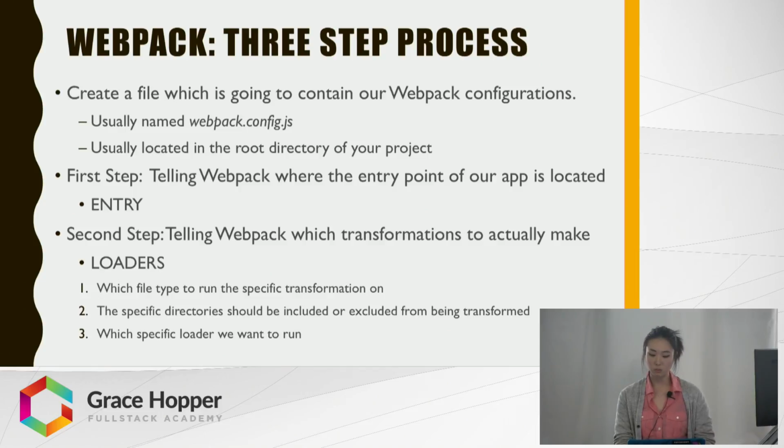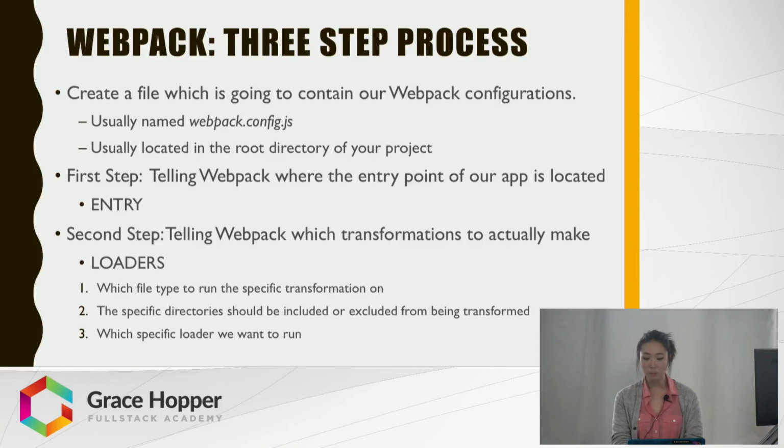In this object, we're going to have a property of entry and a value which is an array, and that array holds strings which point to the root JavaScript file. You might be asking yourself, why is it an array instead of just a string? Well, Webpack allows you to have more than just one entry point. So using an array is usually a smarter way to approach it in case you do want to add more later down the line once your project gets larger.